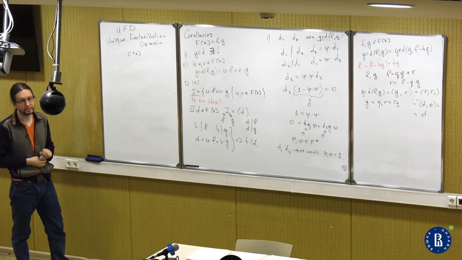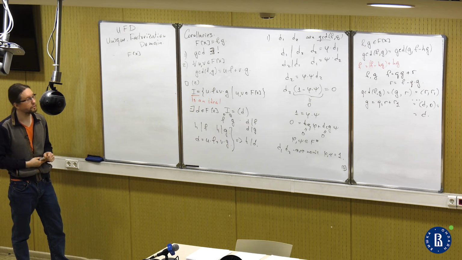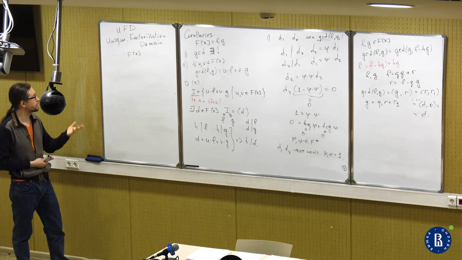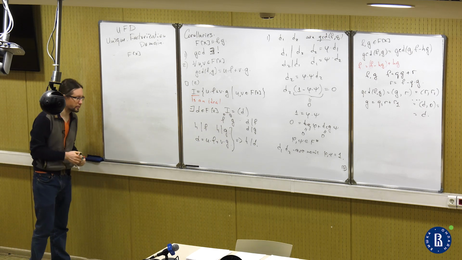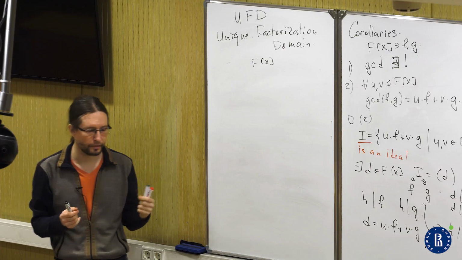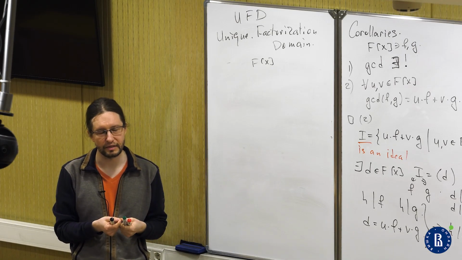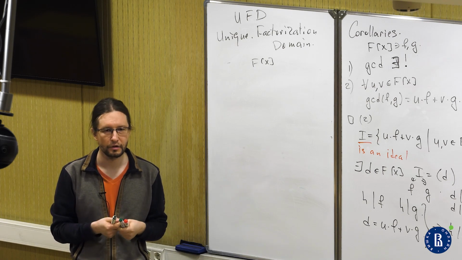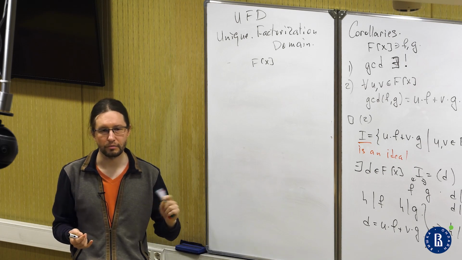Well, domain means no zero divisors. Unique factorization, well, I will explain what it means in a second. Basically, in case of integers, there is a notion of a prime integer, and you can represent every integer as a product of primes in a unique way, up to plus or minus 1.